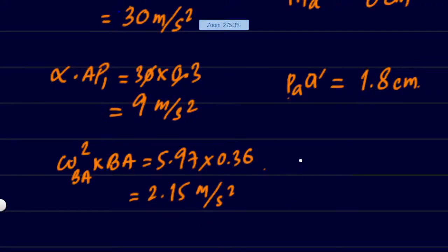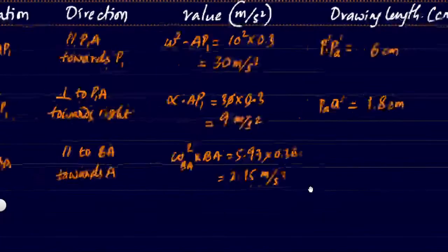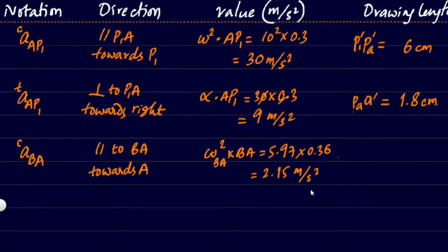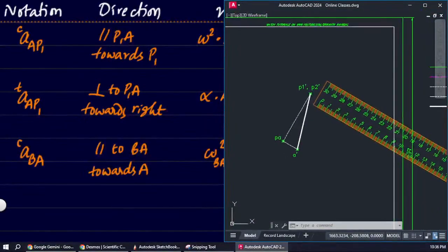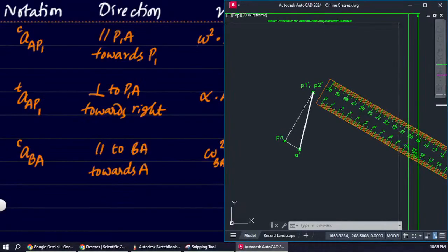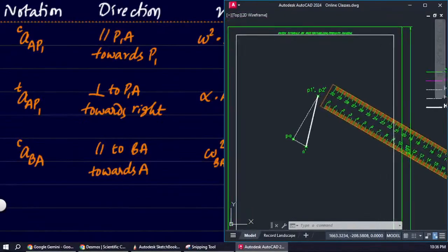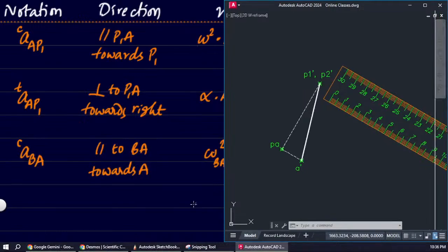So once again, this is going to be to a temporary point. In the diagram, we already have the point A dash. So from A dash, we need to go to the temporary point.